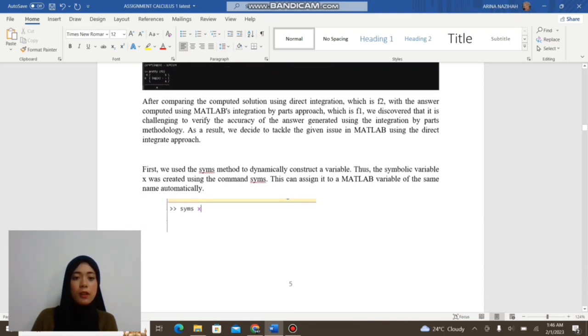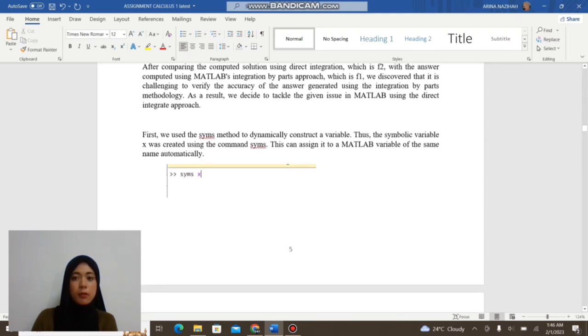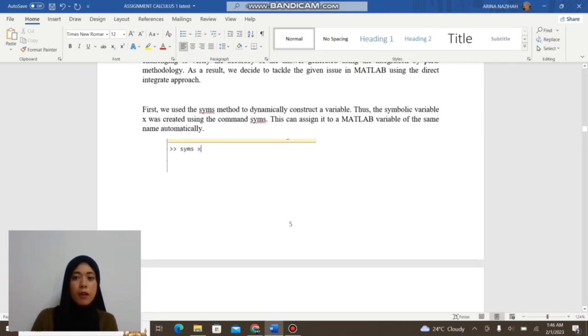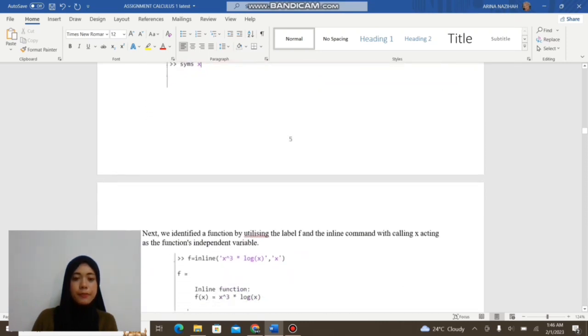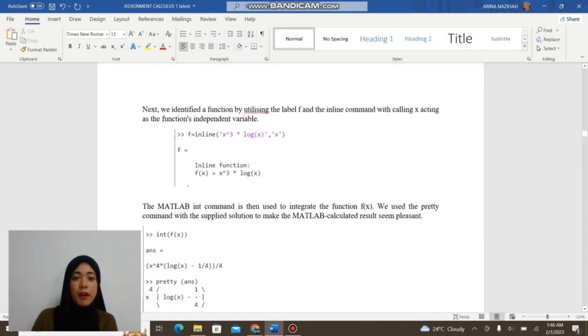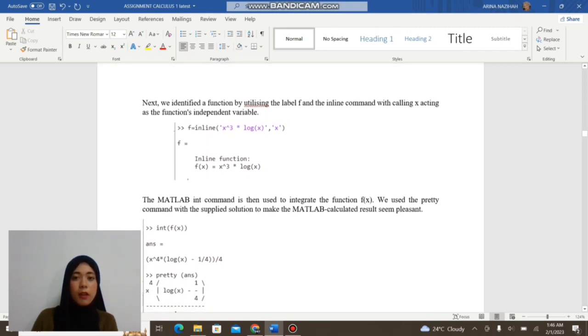First, we use the syms command to dynamically construct a variable. Thus, the symbolic variable x was created using the command syms. This assigns it to a Matlab variable of the same name automatically. Next, we define a function by using the label f and the inline command, with x acting as the function's independent variable.